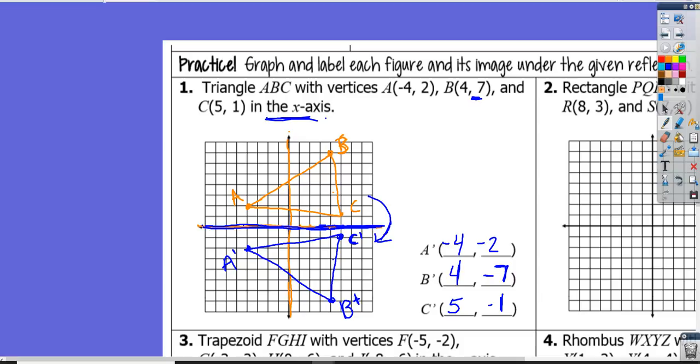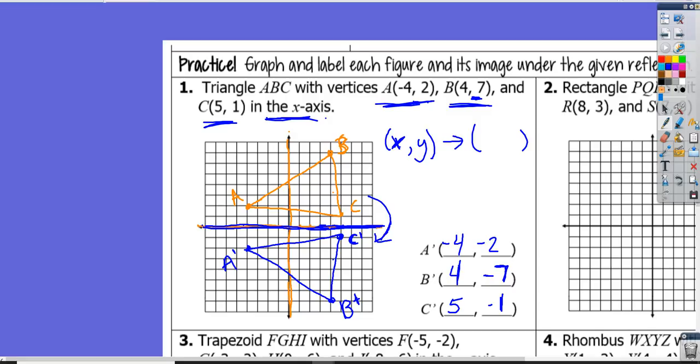Now, if we were going to write our symbolic representation, we put x, comma, y, and then our arrow. So this is saying we took our original point here, x, comma, y. We took our original points, and we turned them into something. We did something. So what do you notice? So we have negative 4 and 2. What happened to negative 4 and 2?